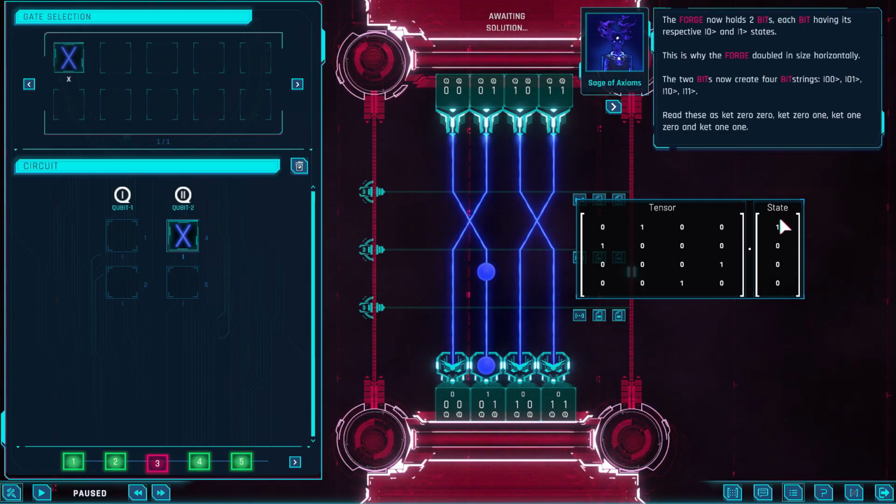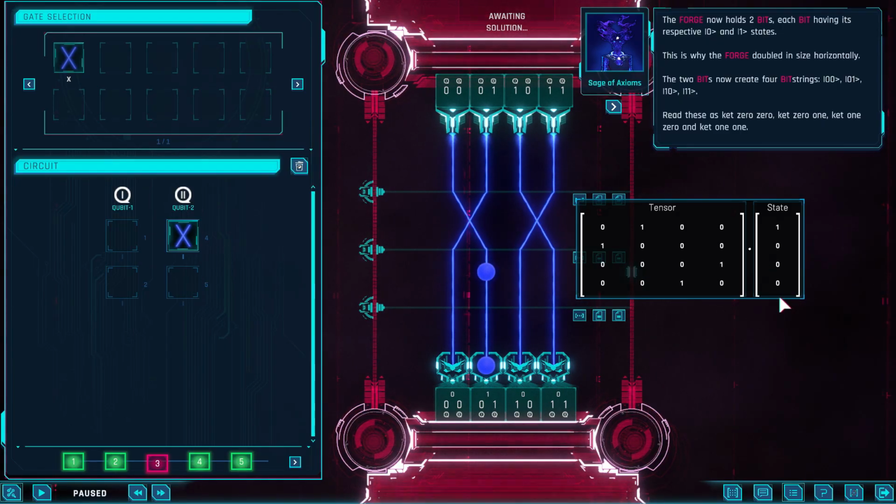And at the beginning of this gate, at the top of the gate, the ball is in the first state, which is 0, the 0 state. This is the 1 state. That would represent the 2 state and 3 state.